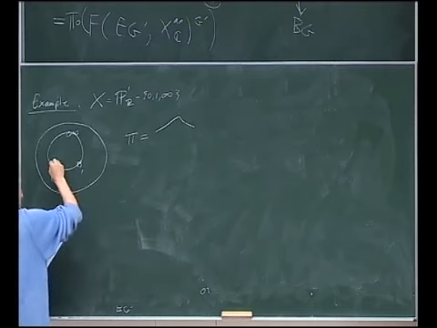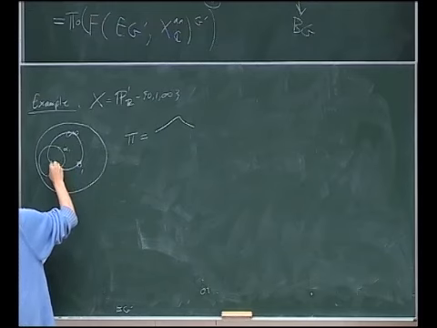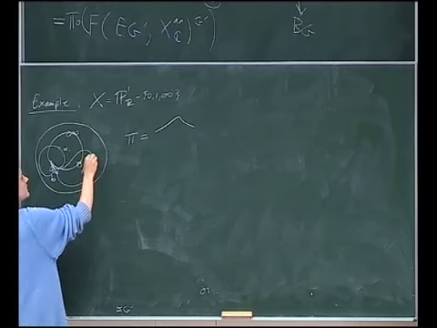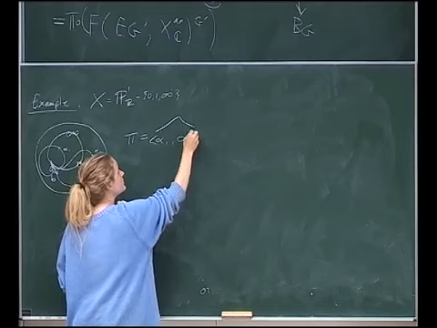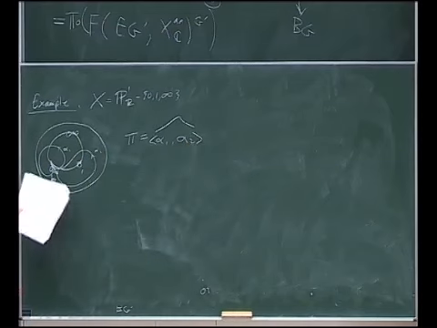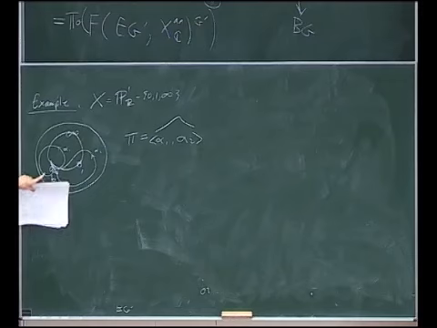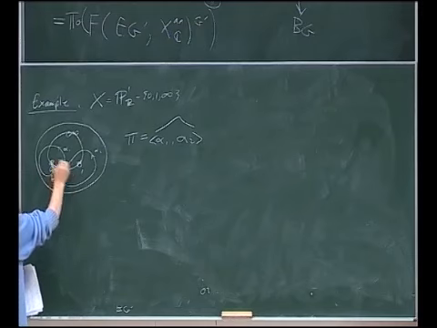And here's the base point we're going to use. And the fundamental group is the profinite completion of two loops, alpha 1 and alpha 2.